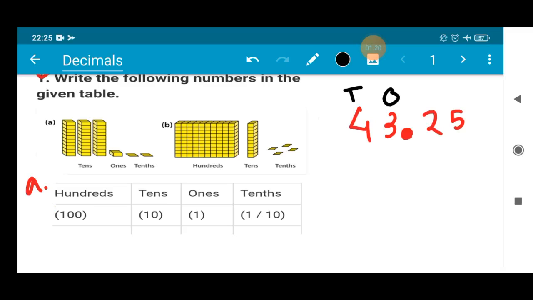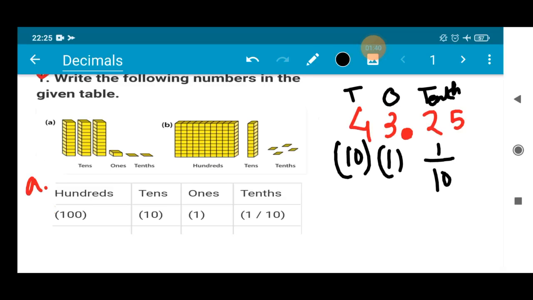But whenever we are dealing with a decimal number, we cross the boundary of the point, and then we say tenths, which is written as 1 by 10. Over here it is ones, 1, and tenths, 1 by 10.